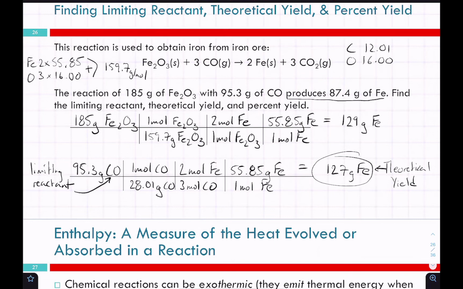And then our percent yield is going to be 87.4 grams of iron divided by 127 grams of iron.